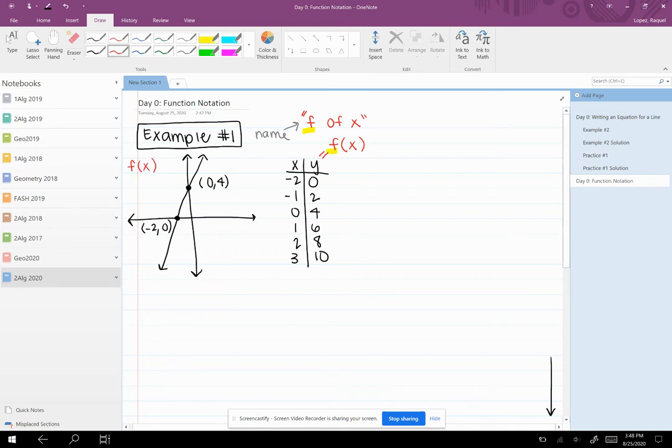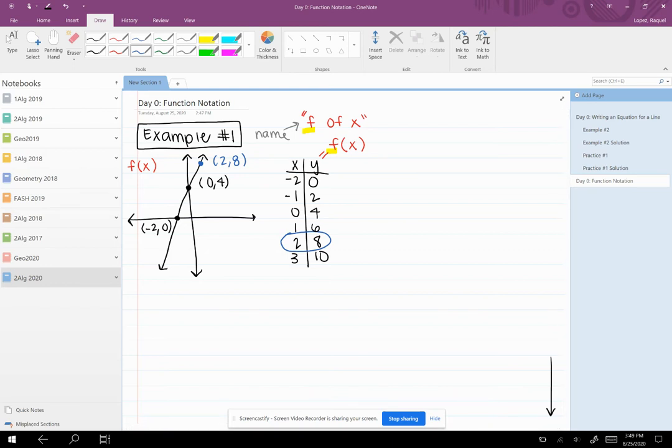Now let's backtrack a little bit and pick out a point. We've got the point 2, 8. That's on our table, and we also know it's on our graph. It's going to be about here. This is just a sketch, by the way. So the point 2, 8.